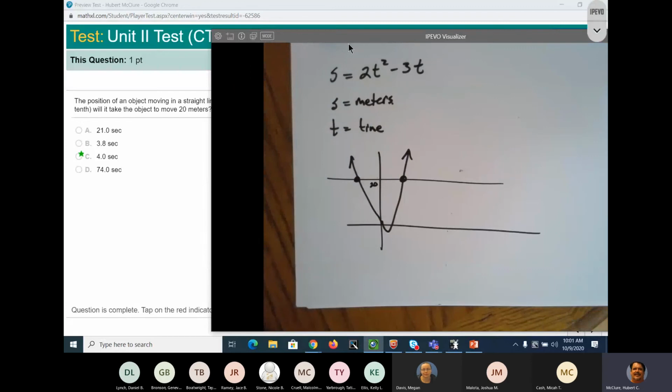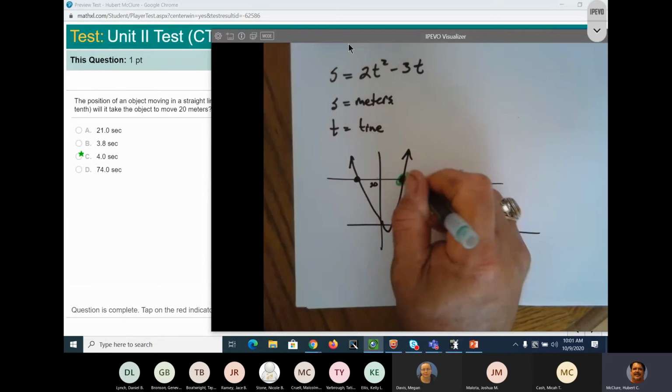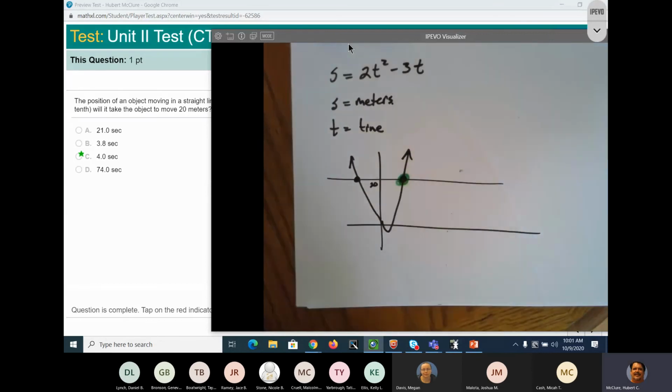This one is probably the one you're going to want. Why do I want that dot right there? Because it has to be positive, because you're talking about time.